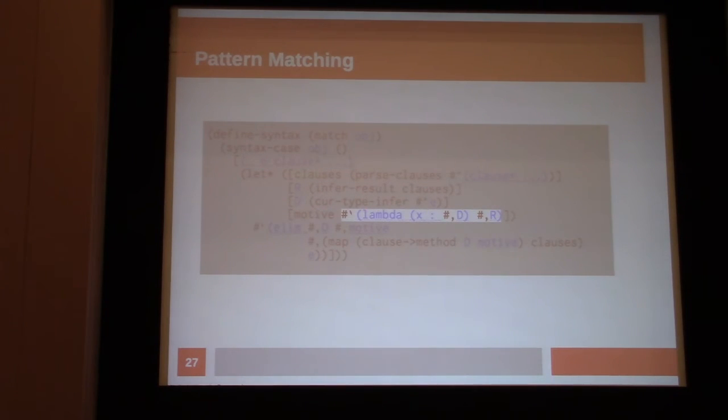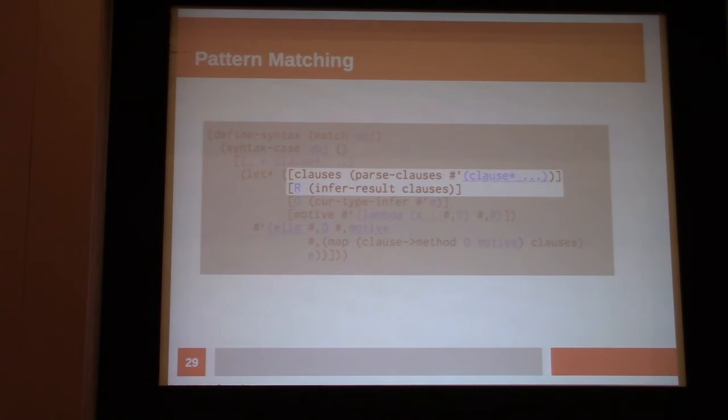To compute the motive, we generate a new function where the type annotation is the same D that we're pattern matching on, and it returns some type R. For the type D, we can imagine for a moment, and I'll come back to this shortly, that we have some function cur type infer that will just take this term that we're pattern matching on, E, and infer its type.